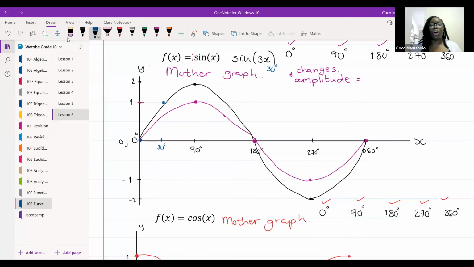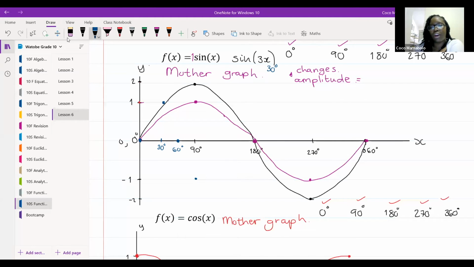Okay, go into your calculator, type in sine of 3 times 60 degrees. Gives us 0, cool. Type in sine of 3 times 90 degrees. It is -1. Cool.